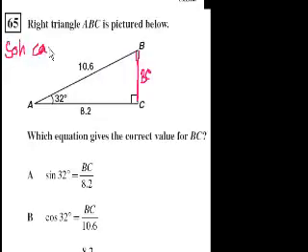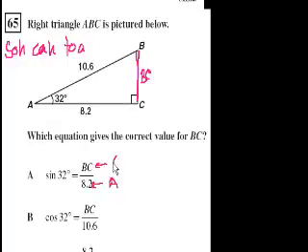Choice A says the sine of 32 degrees is equal to BC over 8.2. Is that right? Sine is opposite over hypotenuse. BC is definitely the opposite, but 8.2 is not the hypotenuse. 10.6 is the hypotenuse. So 8.2 is the adjacent, and this is wrong.